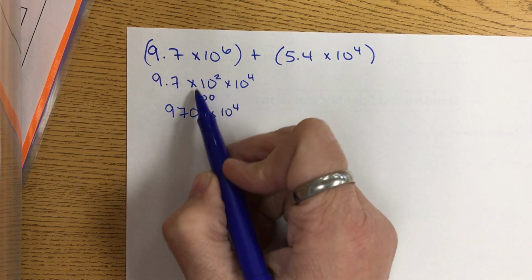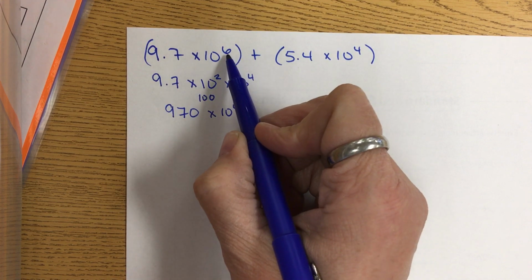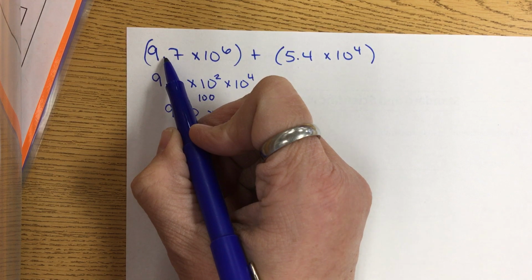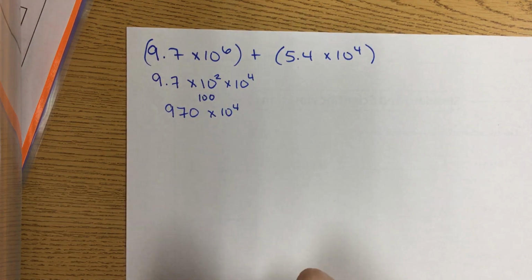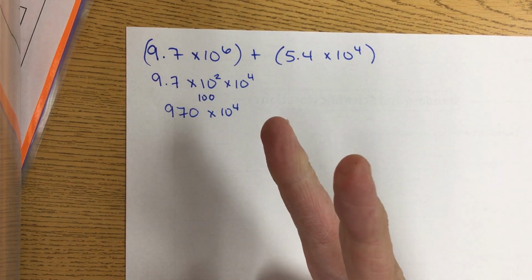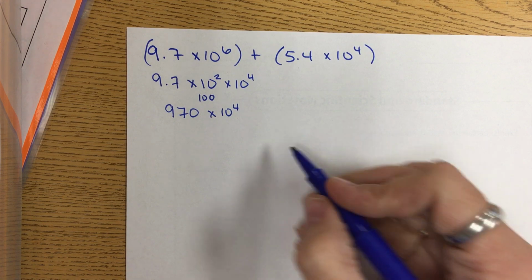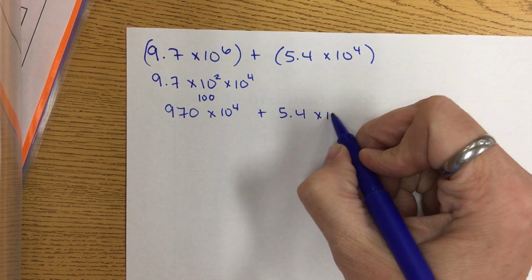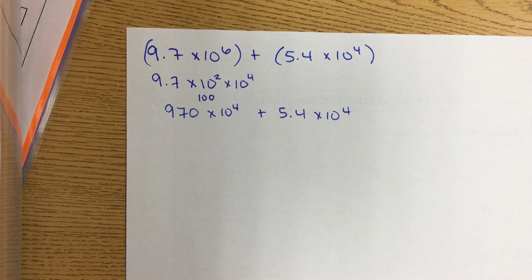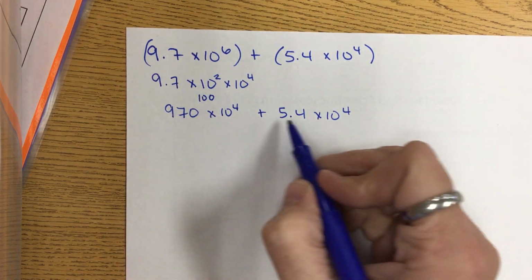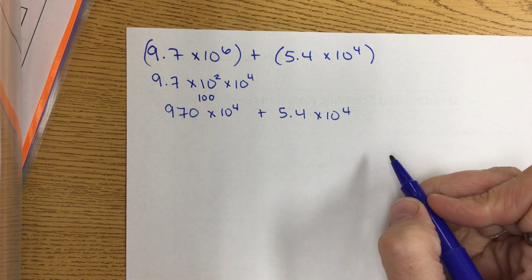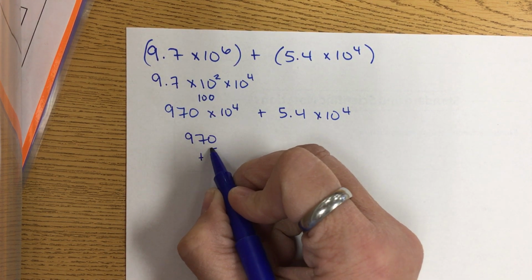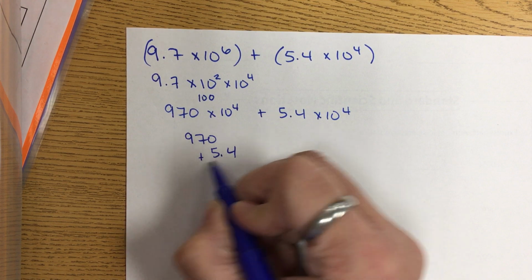Now, do I have to write this step right here? No. If I want to bring this down to 4, then I must move this decimal over and make it bigger by 2 decimal spots. Now, if you look at this, they have the same exponents. So now I just have to add these two together. So 970 plus 5.4.